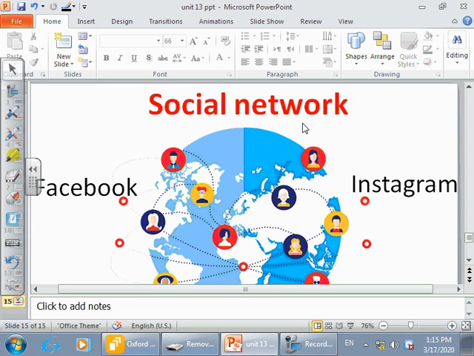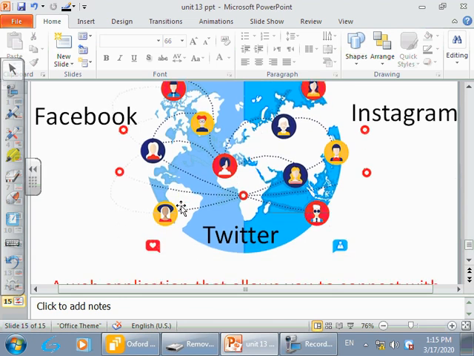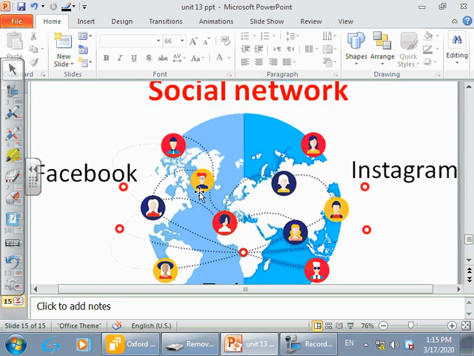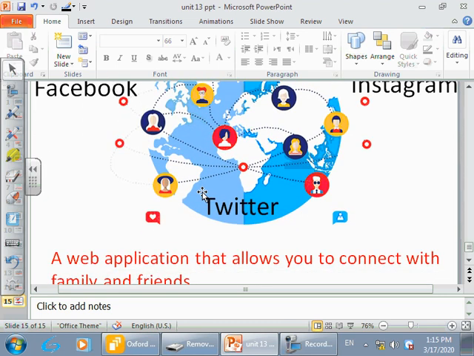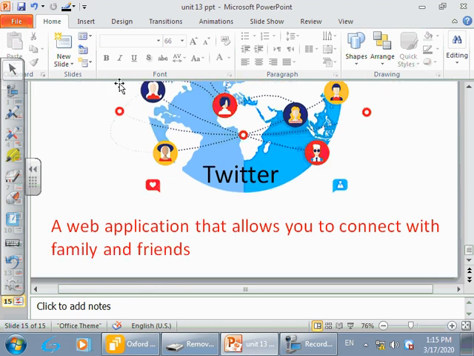Social network. When I say the word social network, I mean Facebook, Instagram, Twitter, and WhatsApp. The definition of social network is a web application that allows you to connect with family and friends.